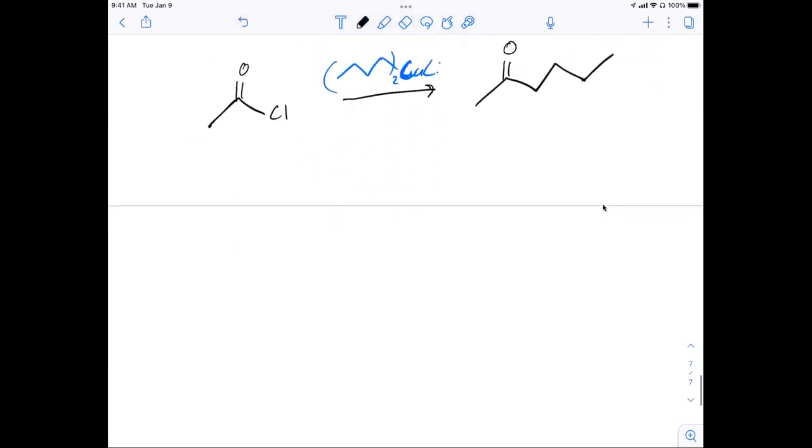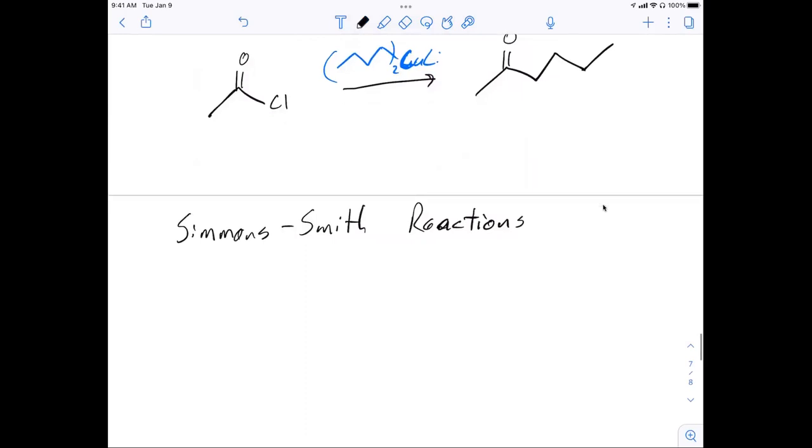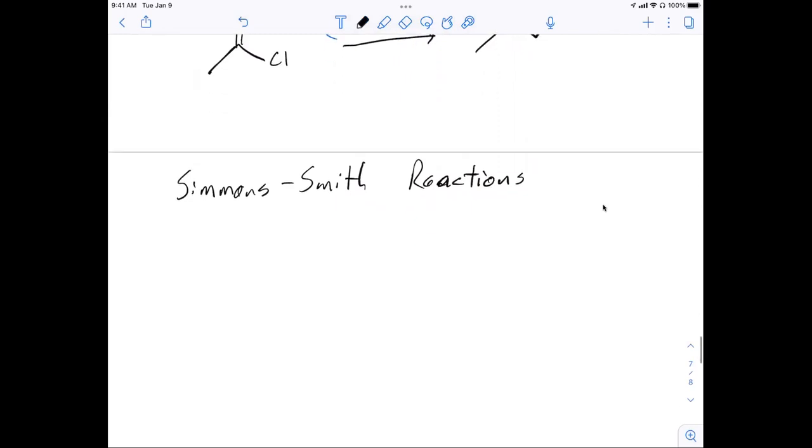There's one more classical, and we're going to move into some more modern organometallic reactions. The other classic reaction that has been around for a long time is the Simmons-Smith reaction. And learning these names can be helpful because you're going to see as we get into the next section, there's a bunch that are very similar. And associating the name with the conditions can help you keep them straight.